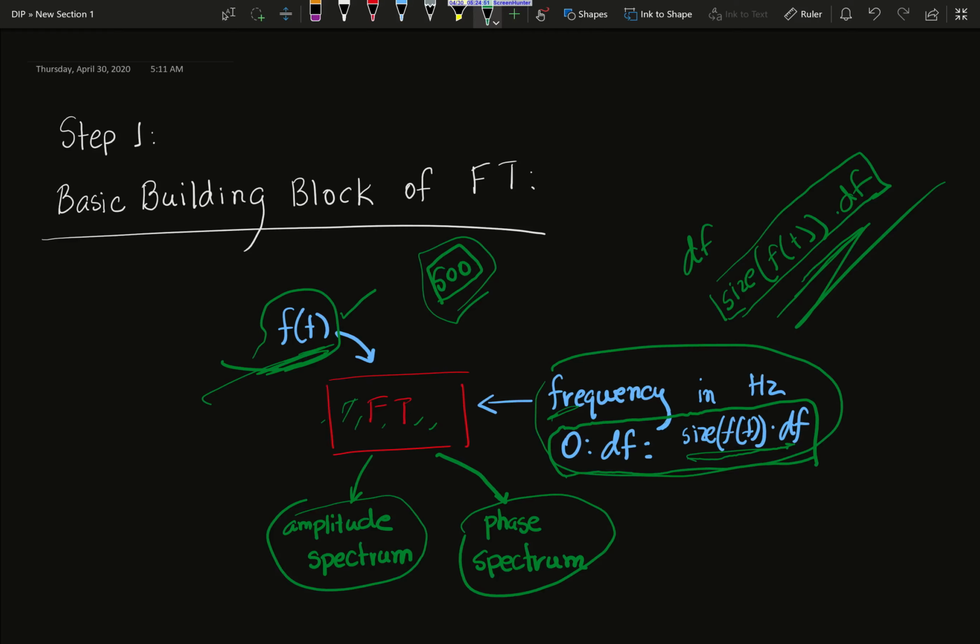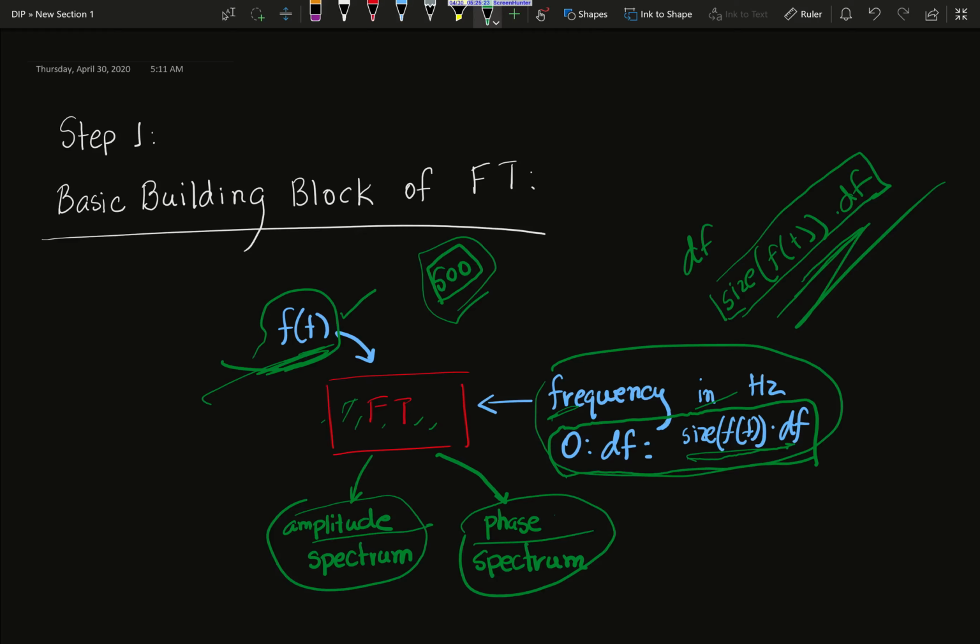So this iterates one by one, and for each frequency we get an amplitude value and a phase value. After plotting the amplitude against the frequency, we will get the amplitude spectrum, and after plotting the phase against the frequency, we're gonna get the phase spectrum. This is the most basic idea of a Fourier transform.